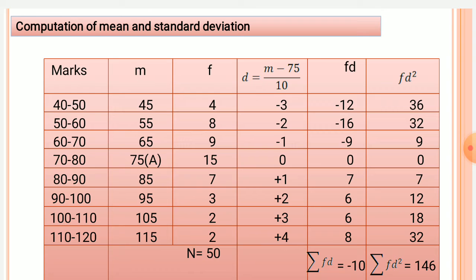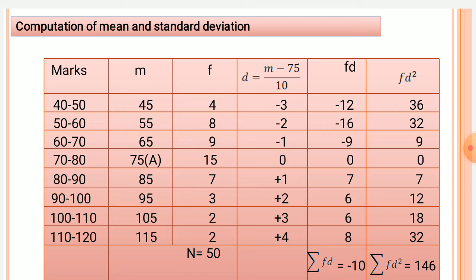Now f into d, fd. 4 into minus 3, minus 12. 8 into minus 2, minus 16. 9 into minus 1, minus 9. 15 into 0, 0. 7 into 1, 7. 3 into 2, 6. 2 into 3, 6. And 2 into 4, 8.